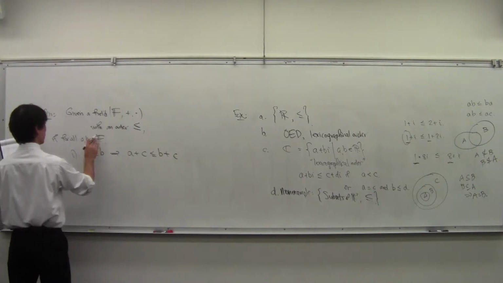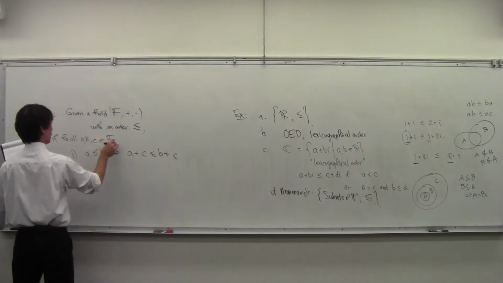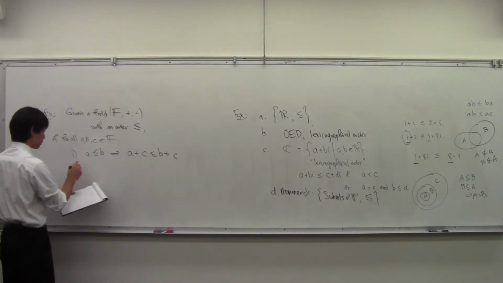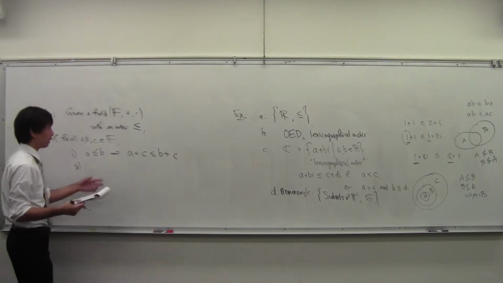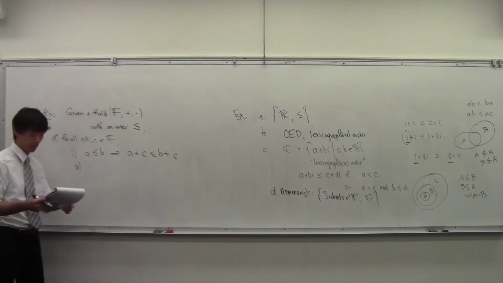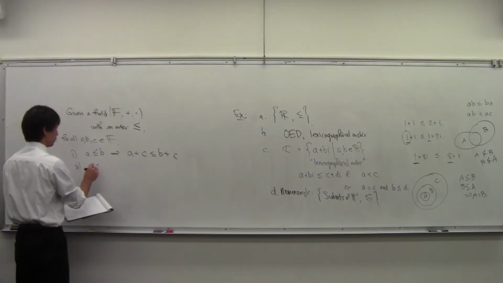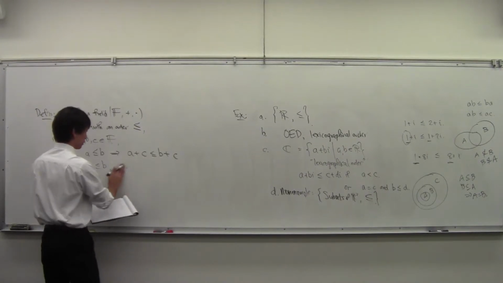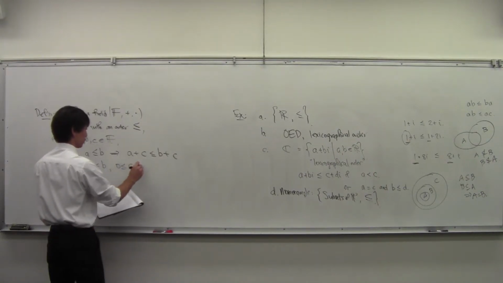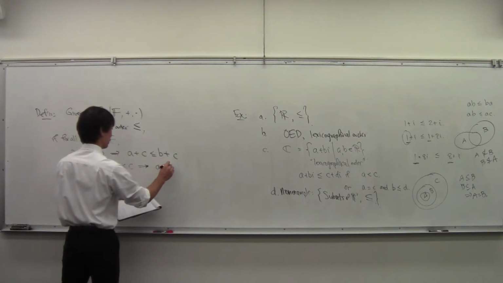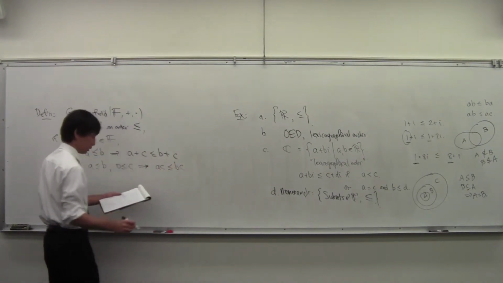So all A, B, sorry. Given any elements A, B, and C in F, if we have these 2 properties, one, that when you add something to both sides, the order is preserved. 2, if you multiply both sides by an element bigger than 0, then the order is preserved.